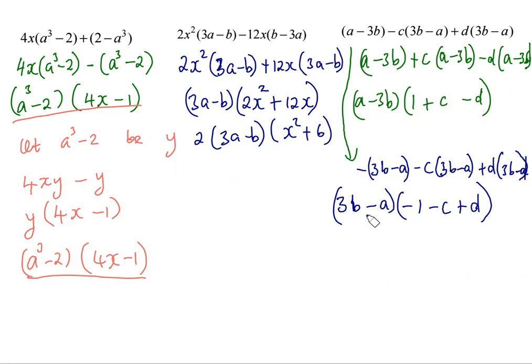But here, you can think that it is different. Why? Because our factor here is 3b minus a. That's the one that we decide to change. But it still is the same thing. If we apply a negative here, we're still going to get what we have here. If you apply a negative here, it's going to change every sign that you see here, and then it's going to go back to the same answer, okay? Some of you want to see that. Let me just say minus.